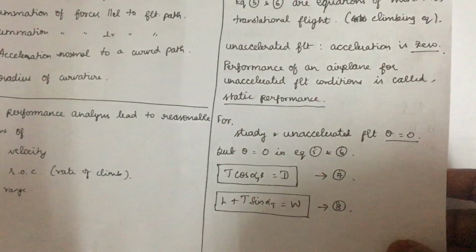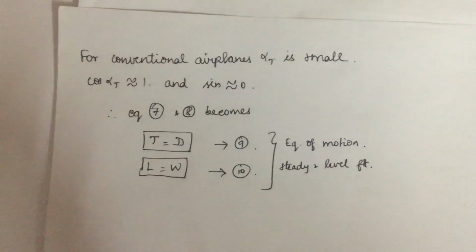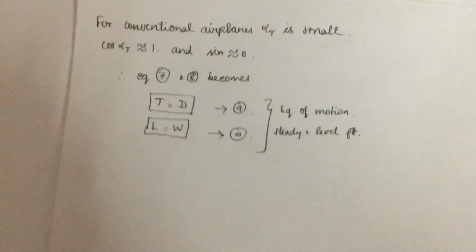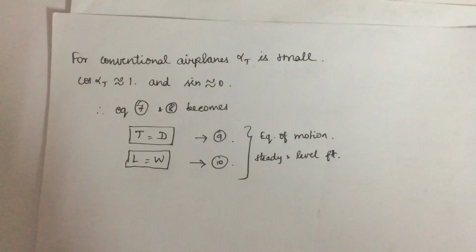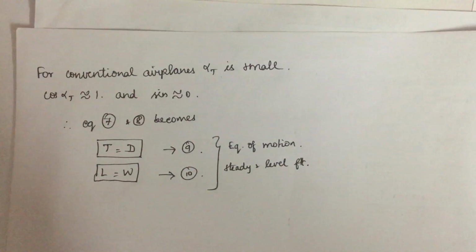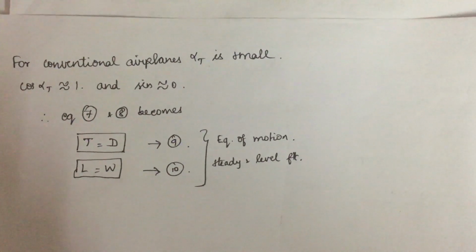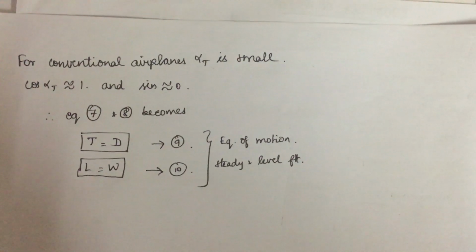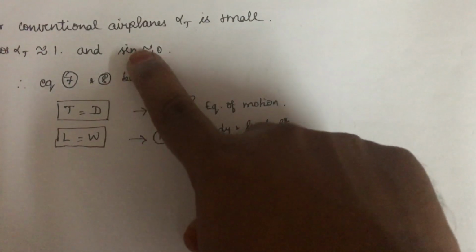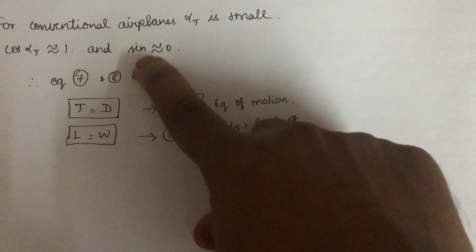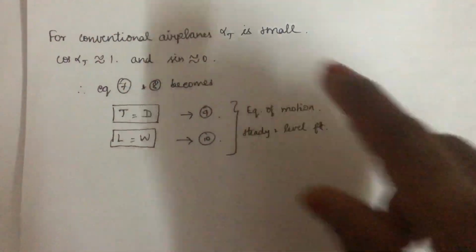Okay, so further, for an unaccelerated flight of a conventional aeroplane, alpha T, the angle of attack of the thrust with respect to the velocity vector, is going to be minimal, and I'm considering cos alpha T to be 1 and sin alpha T to be 0. Make a note here, it is sin alpha T, which I'm considering as 0.